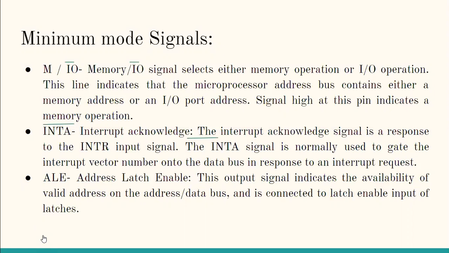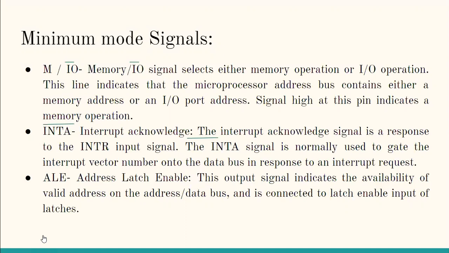If it is 1, that means the address bus is carrying the address of a memory location. If it is 0, that means the address bus contains the address of an IO port. Hence, it is decided by the value on this particular pin number 28.